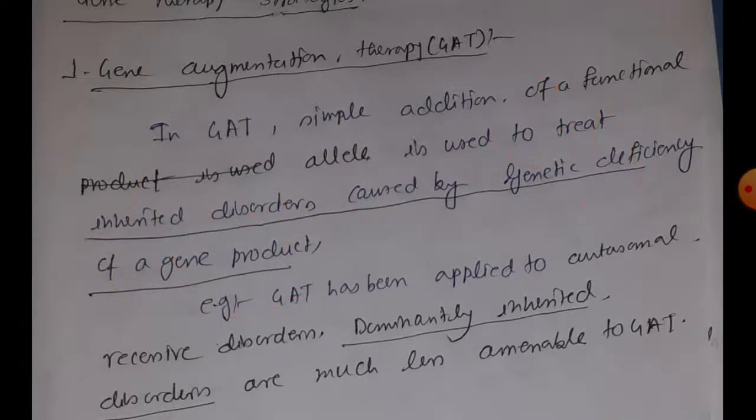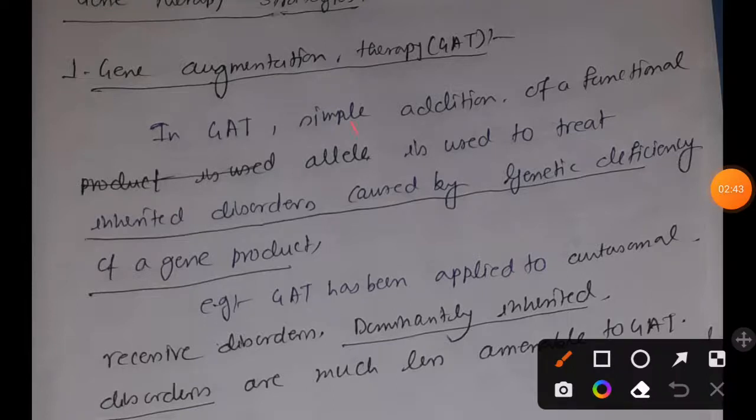Let's try to understand. Suppose a genetic makeup is small t, which is responsible for a particular type of disorder. I hope you can understand that it is an autosomal recessive disorder I am talking about, right? Under such circumstances, if we use GAT to insert a capital T, what will happen?